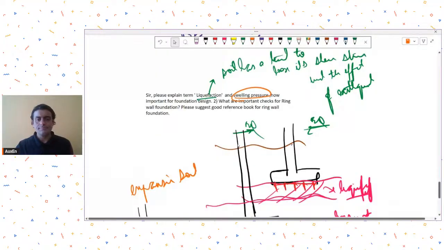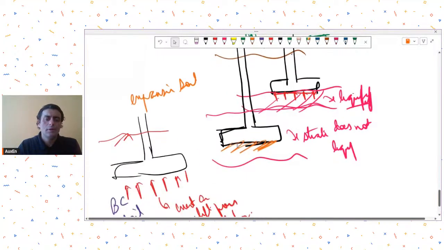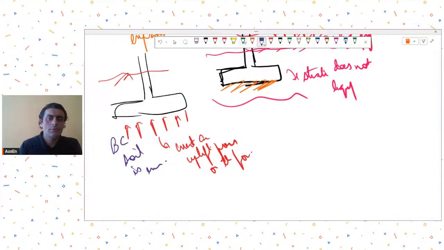So you either need to remove the expansive soil layer and go below it, or some people try to stabilize the soil, lime stabilization, especially in black cotton soils, so that swelling is not a major action.